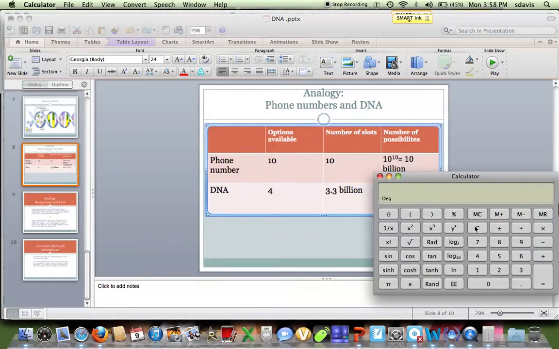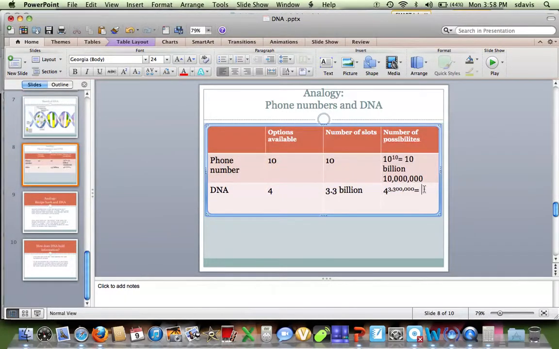So we say 4 raised to 3 billion. That is how many slots there are. Guess what we get? Infinity. Is it actually infinity? No, it is an actual number, but it's so huge that who cares? So what we're going to say is the answer to this is infinity.